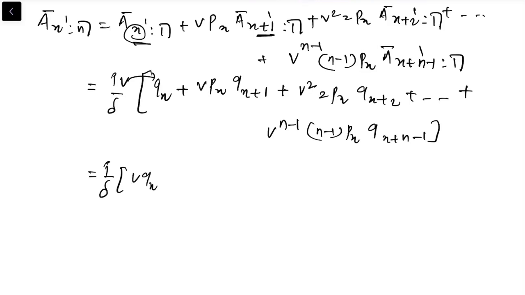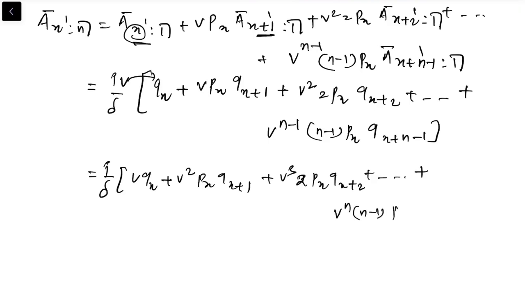We'll get v q_x + v² p_x q_{x+1} + v³ ₂p_x q_{x+2}, so on up to vⁿ ₙ₋₁p_x q_{x+n-1}.